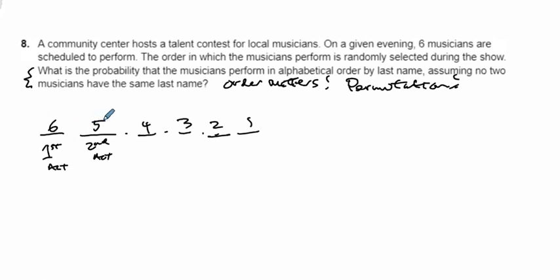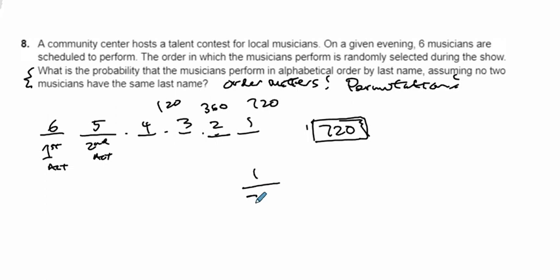So 6 times 5 is 30, times 4 is 120, 120 times 3 is 360, 360 times 2 is 720, and 720 times 1 is 720. So there are 720 ways in which the order matters, and you want one that is very specific. So you want 1 out of 720. We have to turn this into a probability.